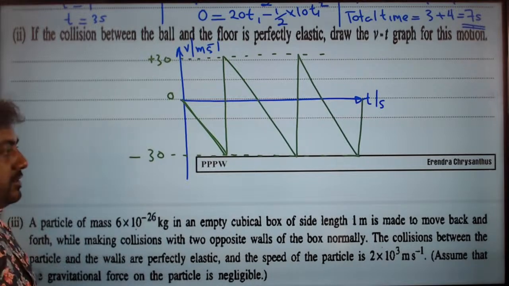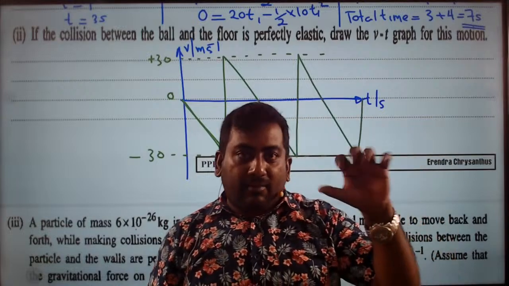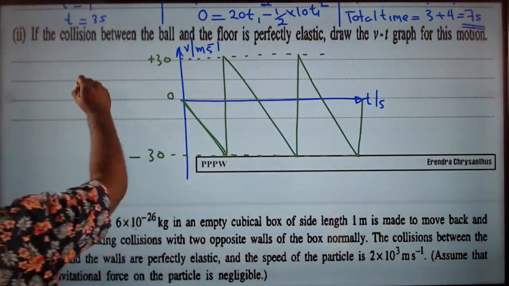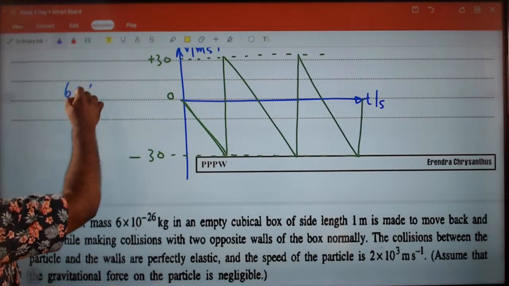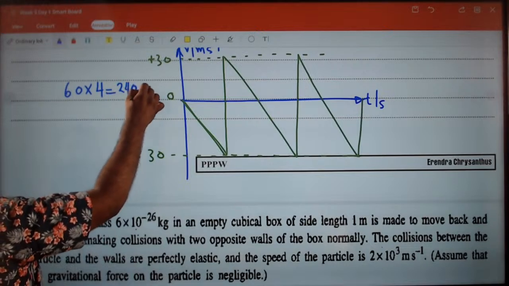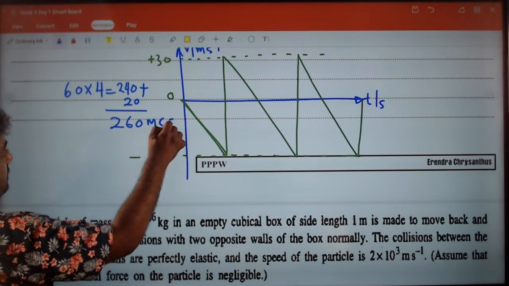So this concludes today's work. This is week 5. How much work have we done? 60 MCQs, 4 times 40 plus today's 20, altogether 260 MCQs.